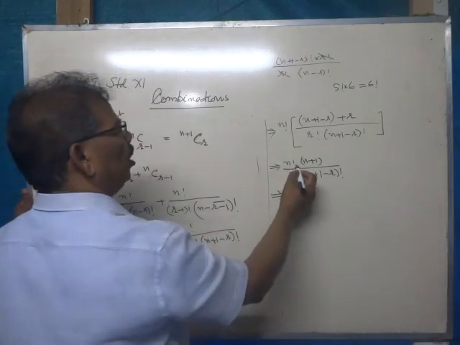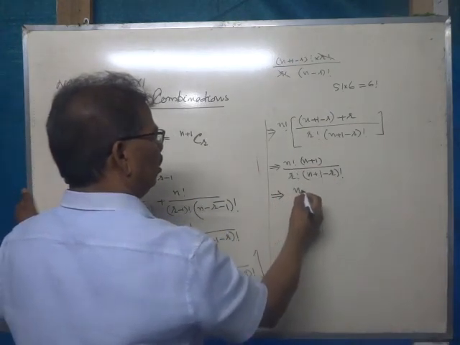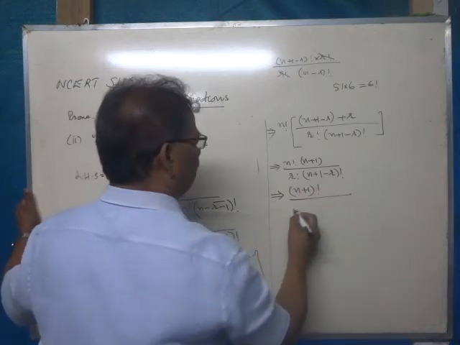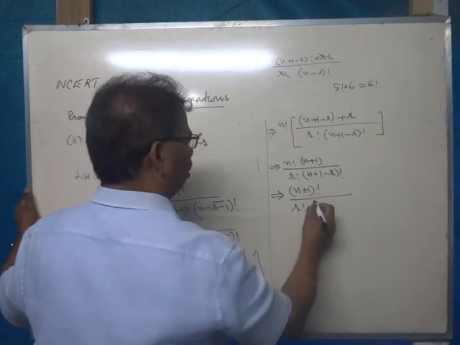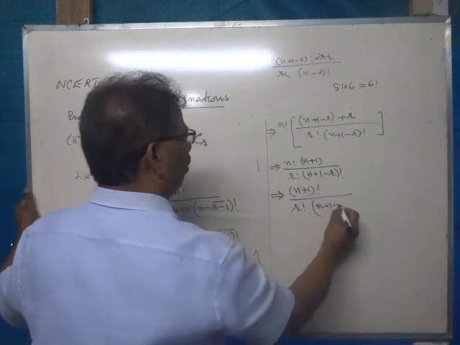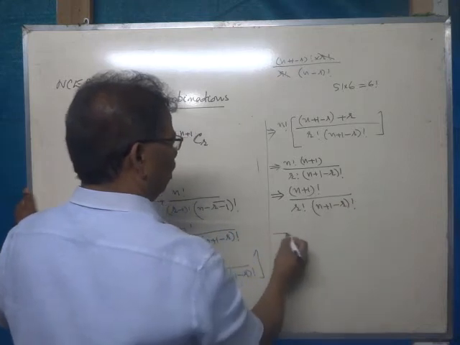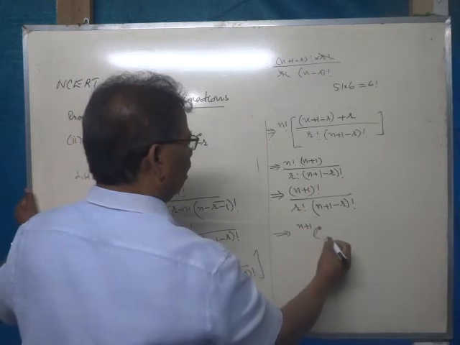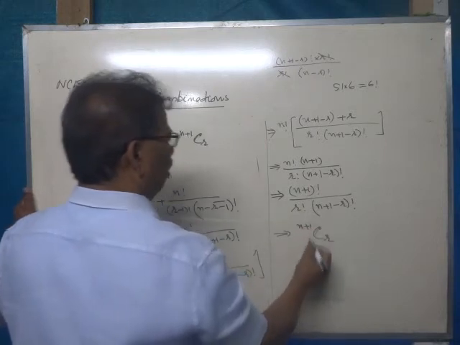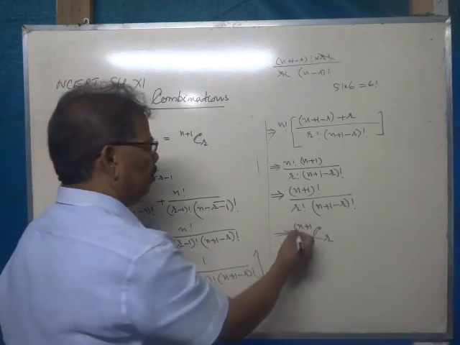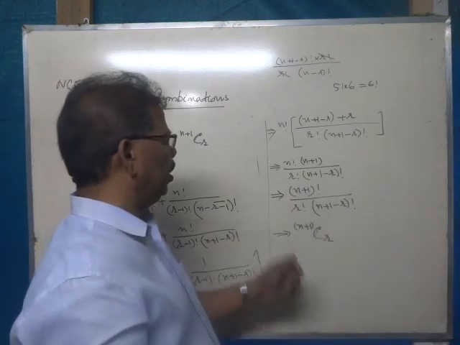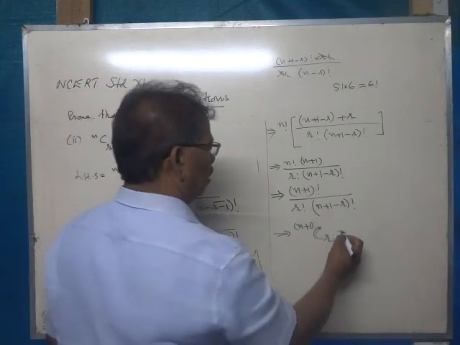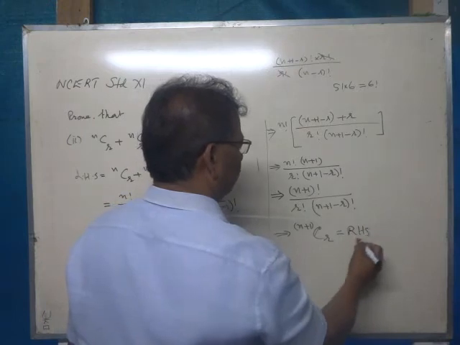Similarly, n factorial into (n plus 1) is equal to (n plus 1) factorial divided by r factorial into (n plus 1 minus r) factorial, and that must be equal to (n plus 1)Cr. (n plus 1)Cr must be (n plus 1) factorial divided by r factorial into (n plus 1 minus r) factorial. That is the right hand side.